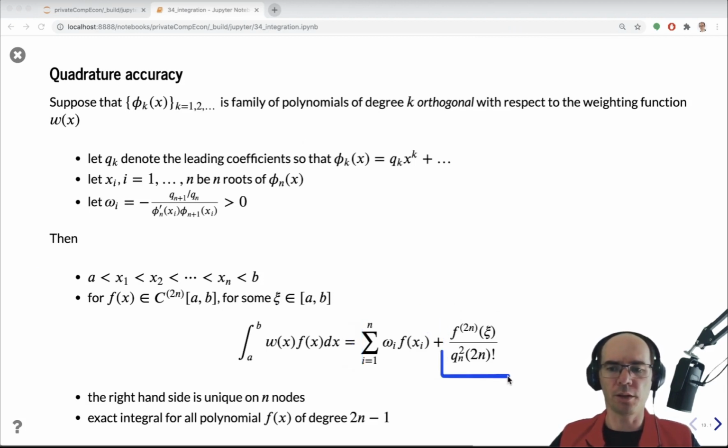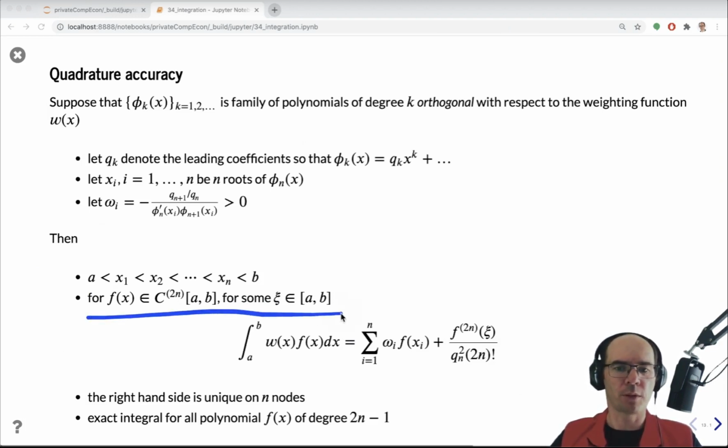And this one, see, it has 2n factorial in the denominator, so it approaches 0 quite fast as n goes higher. This describes the Gaussian quadrature procedure.